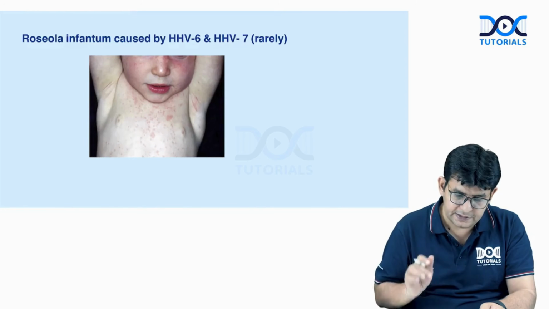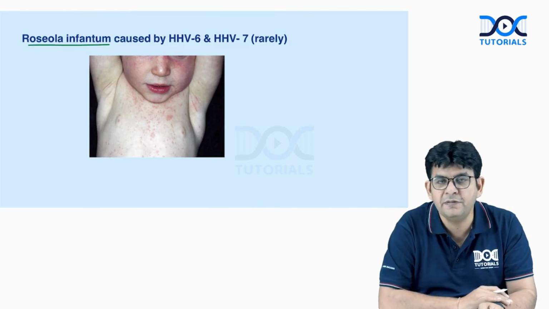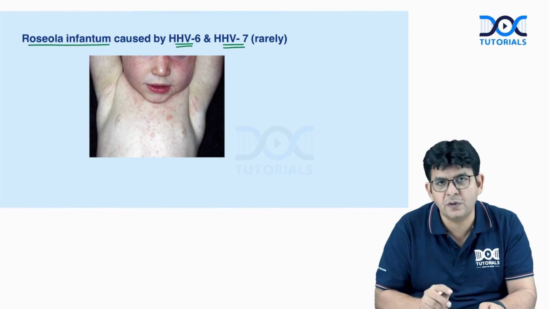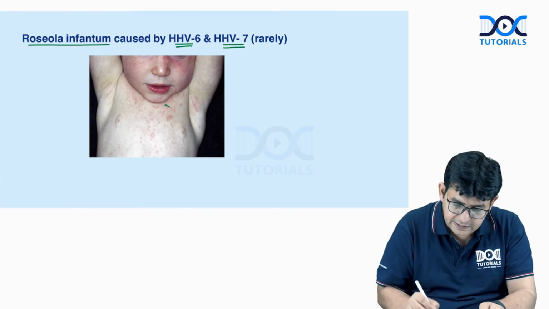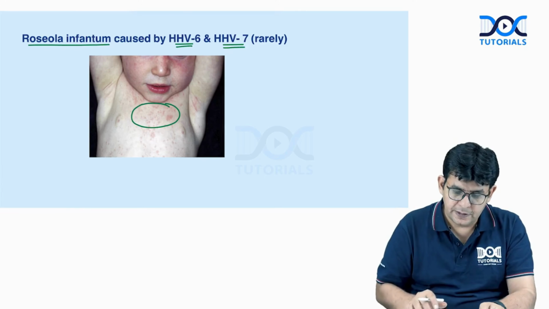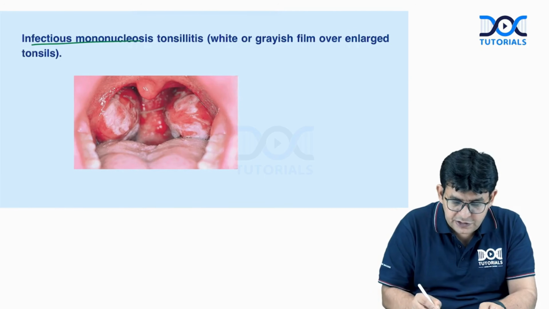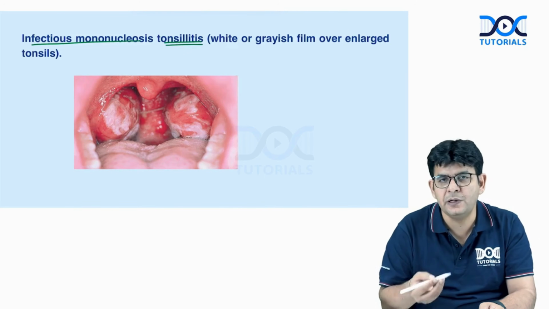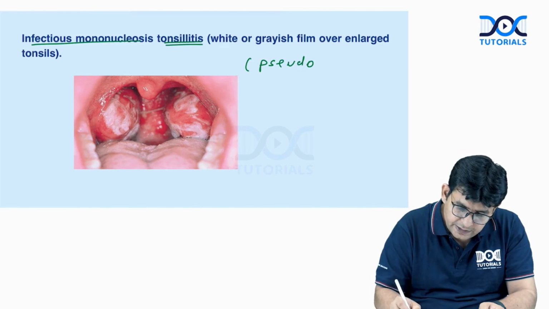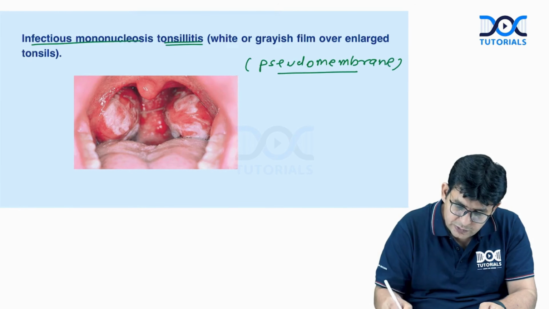This is roseola infantum, caused mainly by HHV6. HHV7 also can cause it, and these are termed Nagayama spots. This is infectious mononucleosis tonsillitis. I told you it comes in the differential diagnosis of pseudomembrane, so pseudomembrane is formed in infectious mononucleosis also.